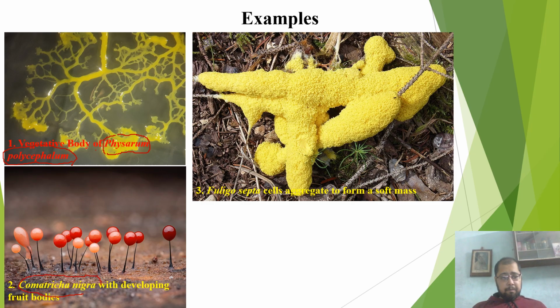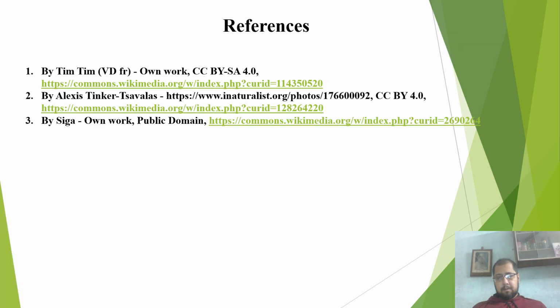As I mentioned before, fruit bodies develop under unfavorable conditions, that is lack of food or moisture. And this is an aggregation of Fuligo septica cells to form a soft mass. These are the references from which I got these pictures.